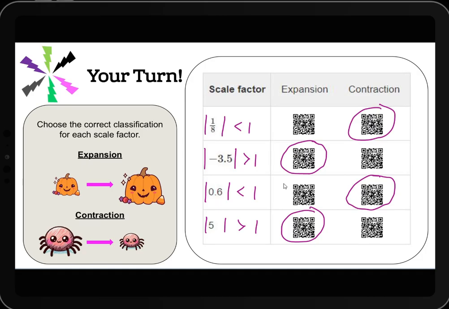So we should also be able to identify whether a scale factor shows an expansion or a contraction. How far away is the number from 0? Is it further away from 0 than 1, or is it closer to 0 than 1? If it's closer to 0 than 1 is, then it is going to be a contraction. If it's further away from 0 than 1, it's going to be an expansion.